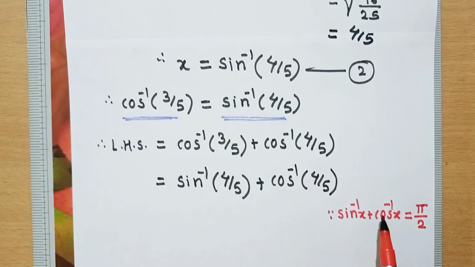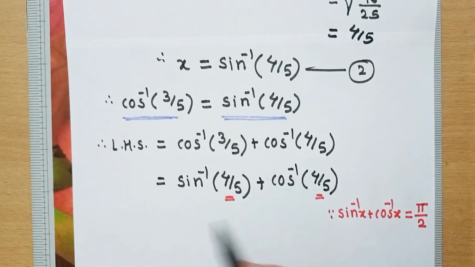In property 4 we have seen that sine inverse of x plus cos inverse of x equals pi by 2. Now check here, here is 4 upon 5, here is also 4 upon 5. So the value of this function is pi by 2 and this is equal to RHS.